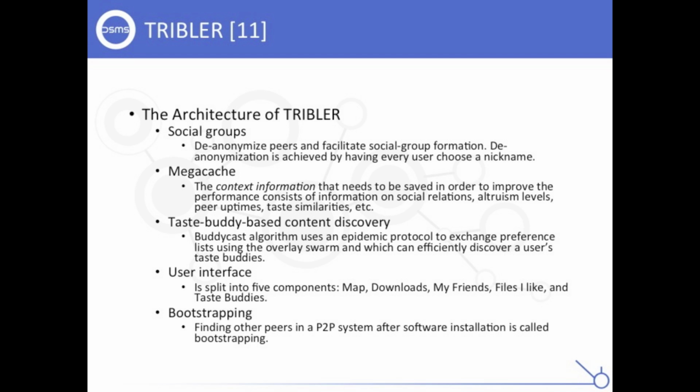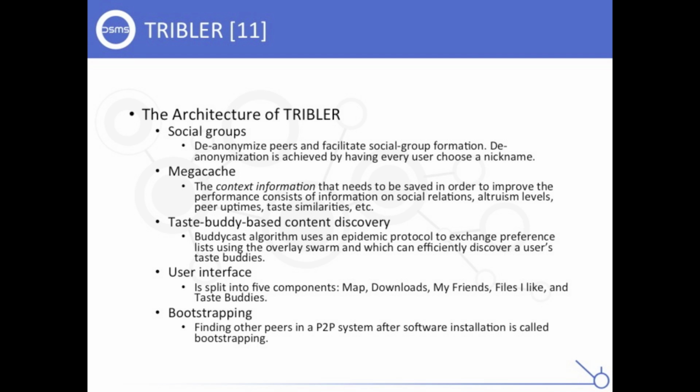Mega cache, the constant information that needs to be saved in order to improve the performance, consists of information on social relations, address levels, peer uptimes, taste similarities, and other information. Taste buddy-based content discovery. The BuddyCast algorithm uses an epidemic protocol to exchange preference lists using the overlay swarm, and which can efficiently discover a user's taste buddies.